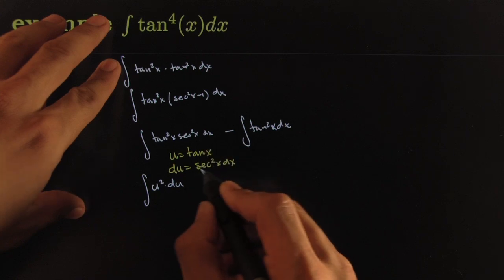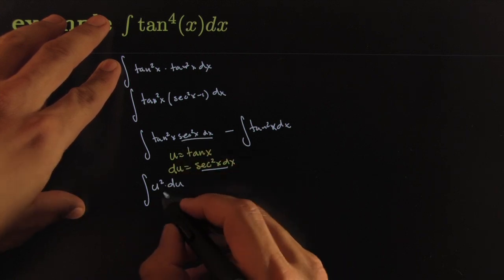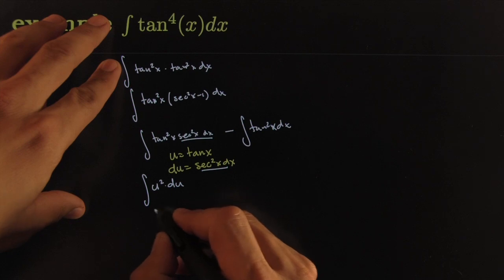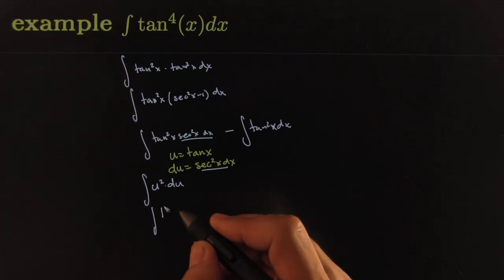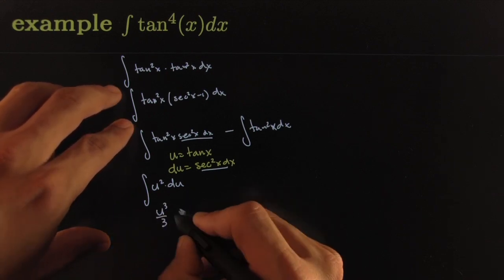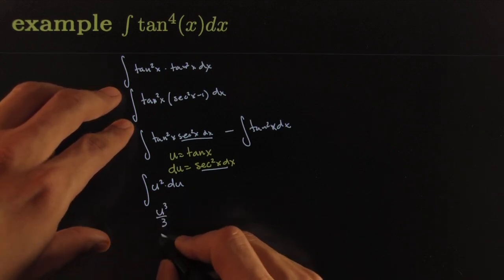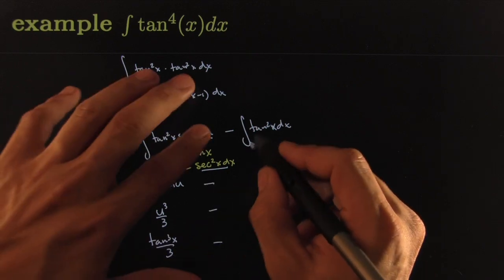This is the u part, the du part right there. So there's an even exchange, and this becomes incredibly easy. This becomes u to the third over 3 plus a constant, which of course would become tangent to the third x over 3.